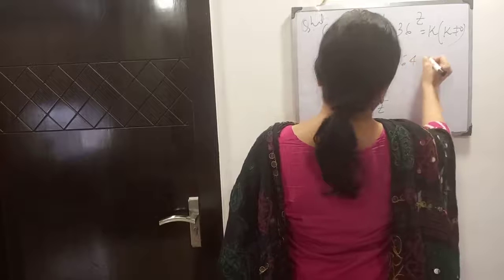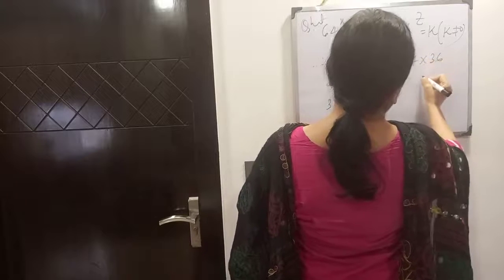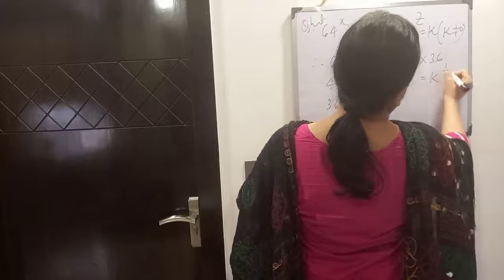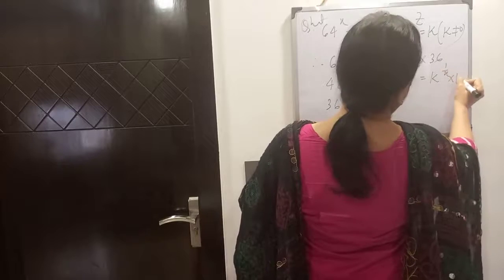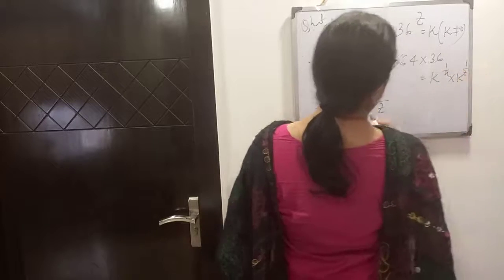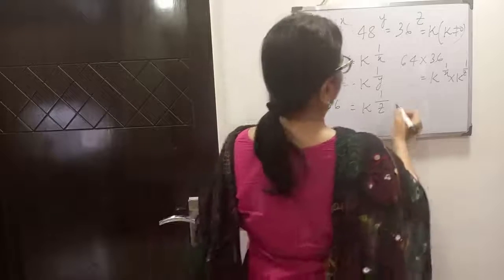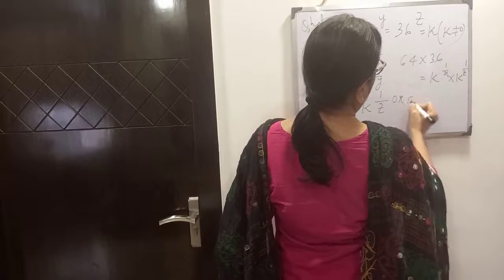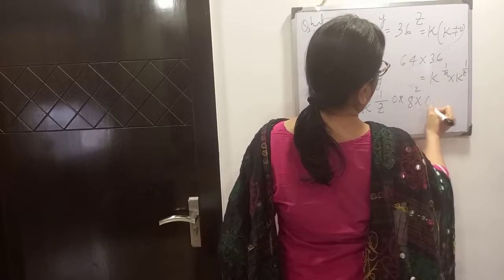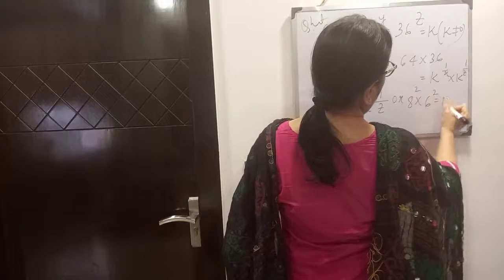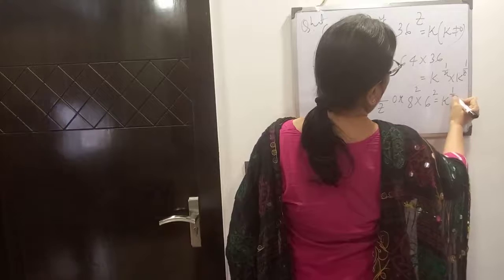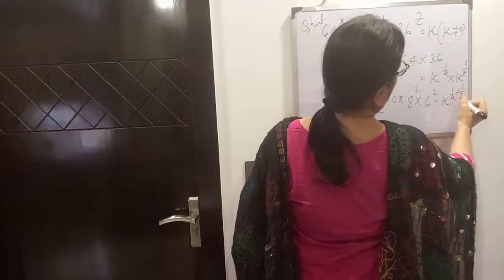We will multiply this and this: 64 into 36. So right hand side, k to the power 1 by x into k to the power 1 by z. Now 64 we can write as 8 square, and 36 as 6 square, and on the right hand side it is multiplication, so the powers will be added.